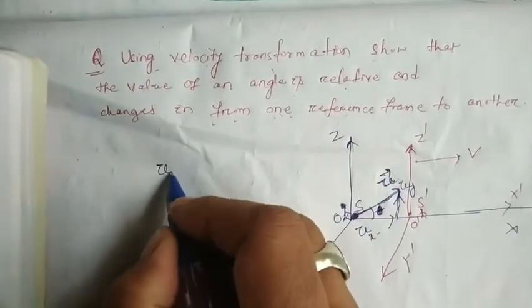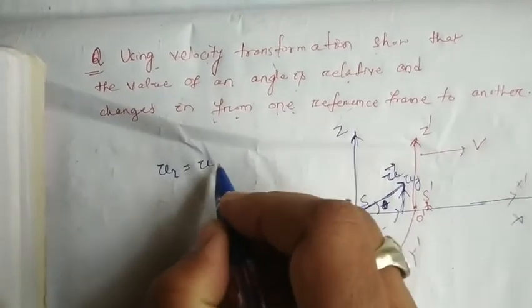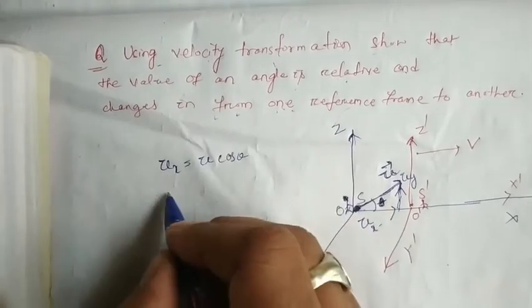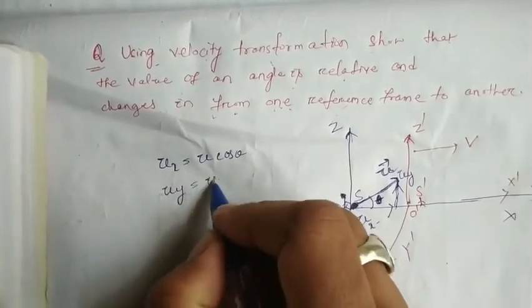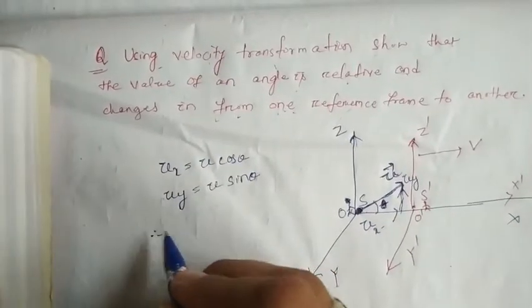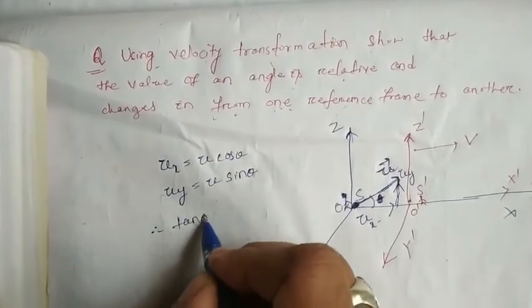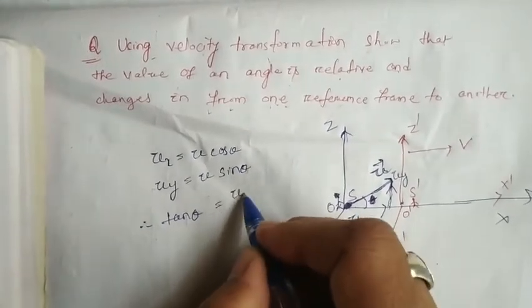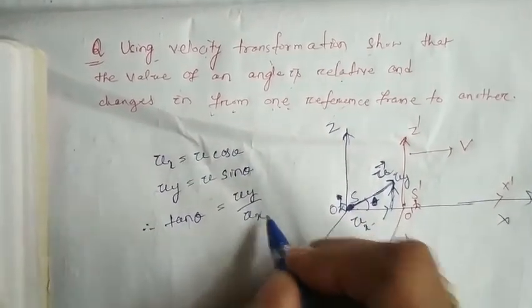So now ux will be how much? u cos theta. uy will be equal to u sin theta. Hence tan theta will be equal to uy by ux.